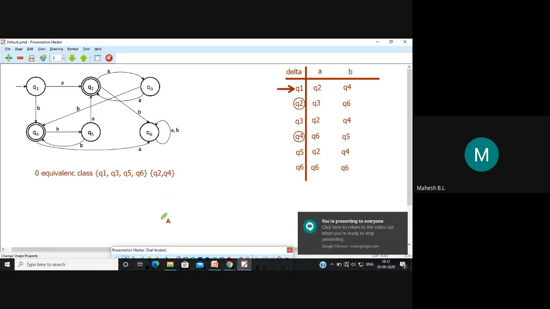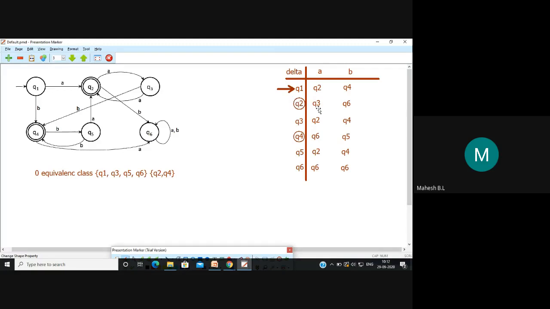As you observe, Q3 and Q6 are in the same class as of now. That's why both are making the same kind of transition. It is not to the same state, but still, since Q3 and Q6 are in the same class, they are equivalent as of now.